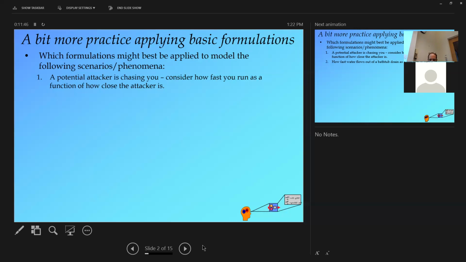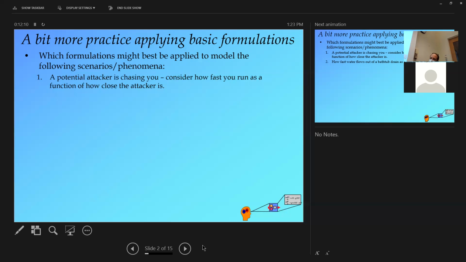Yeah. We were talking about the Michaelis-Menten equation as we applied it to the photosynthesis problem, and thinking about that as an analog, because you have the distance from the attacker as a stimulus potentially, and then the flow would be the rate at which you were running away from the attacker, distance per time.